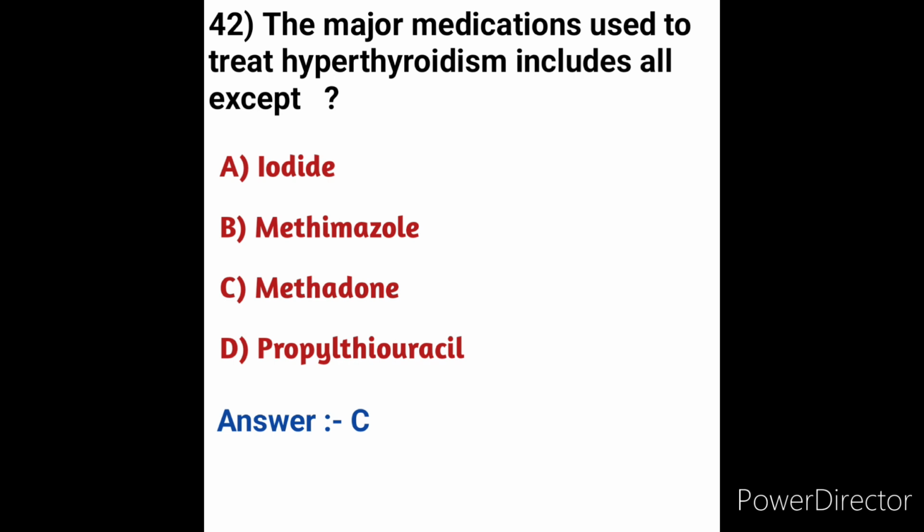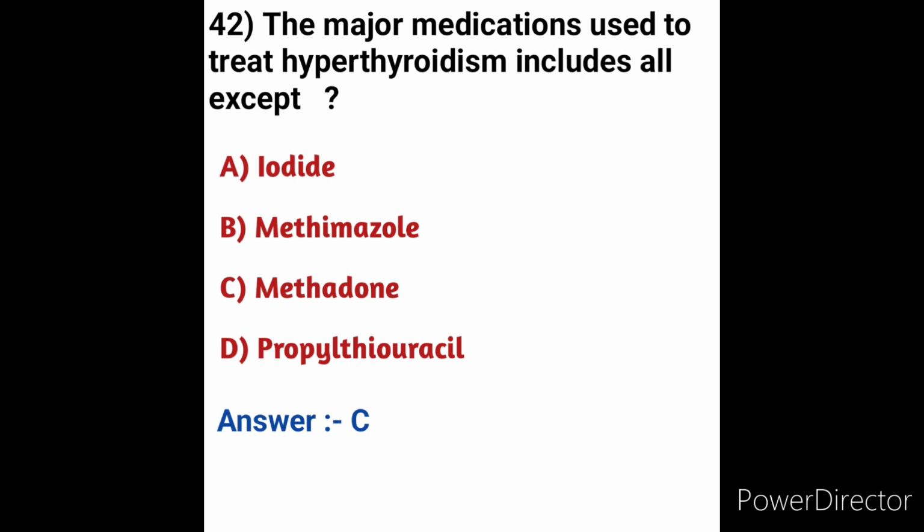But what is the action? Iodide is a radioactive iodide treatment for hyperthyroidism and thyroid cancer. Next, option B, methimazole. What is the use of methimazole? Methimazole is the first choice for treating hyperthyroidism.